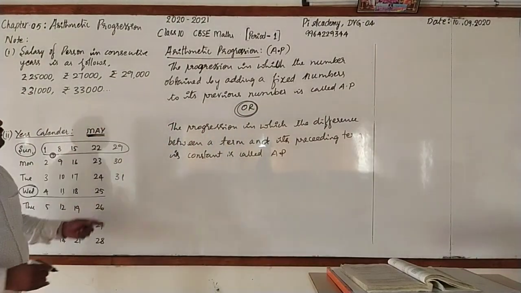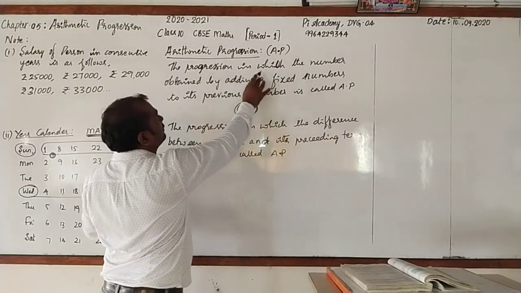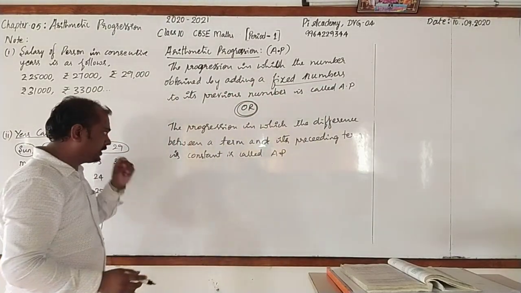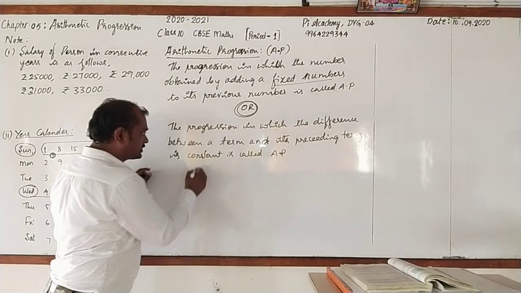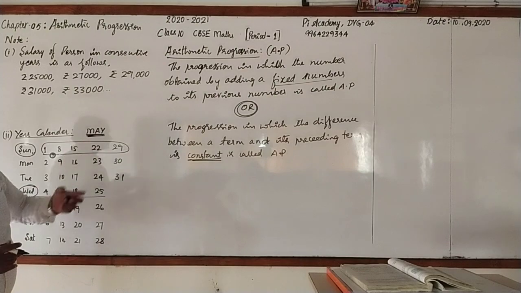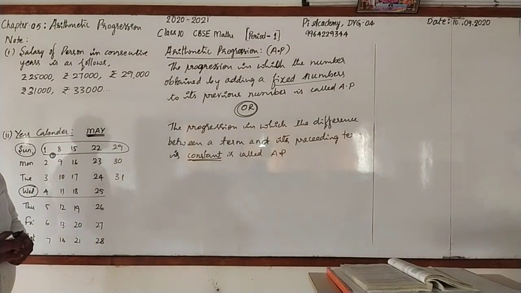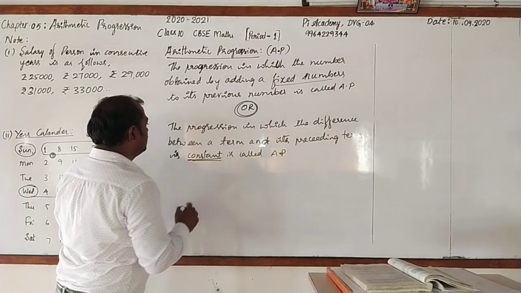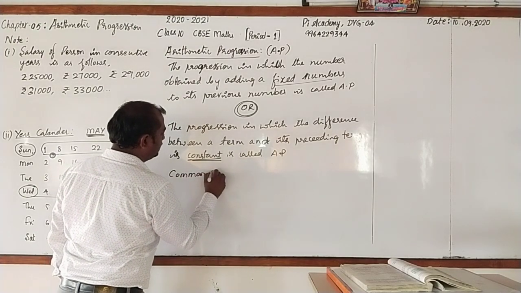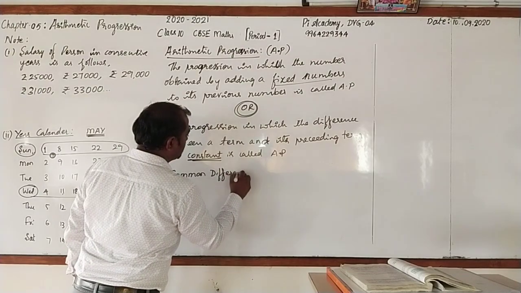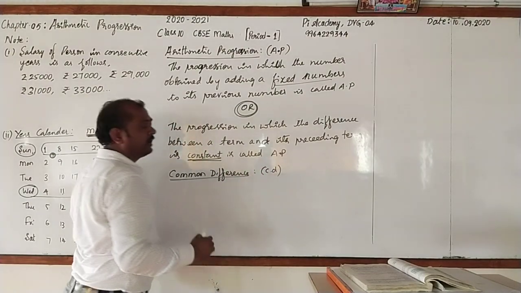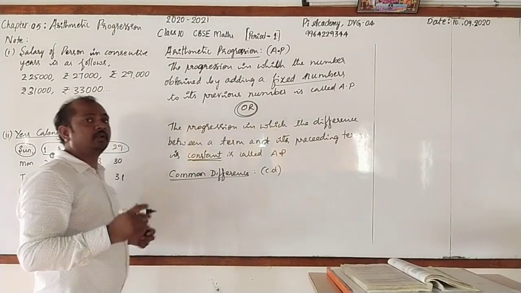Whatever the fixed number is there, the number obtained by adding a fixed number, or else the constant what we get after finding the difference, that is called common difference. Understood? Here I'll write common difference, and its abbreviated form is just CD, and the symbolic form is small d.